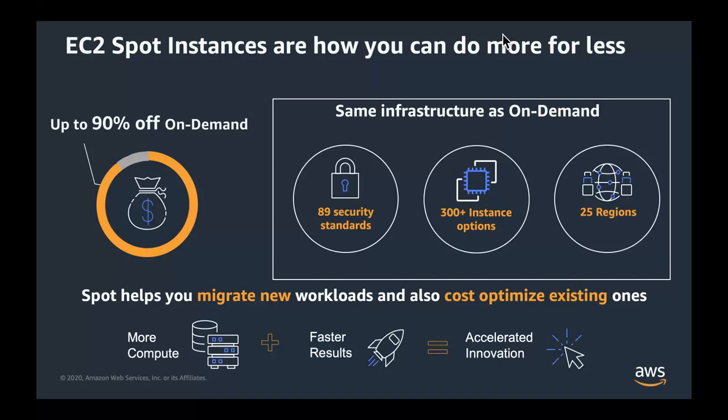Spot helps you reduce cost on existing workloads and migrate new workloads to the cloud without increasing your infrastructure budget. This is all the more relevant given the economic crisis in the current pandemic that we are in now. So at the end of the day, you can reduce time to market, extend your runway, and build for scale. You can throw more compute at your needs, get faster results, and accelerate innovation.